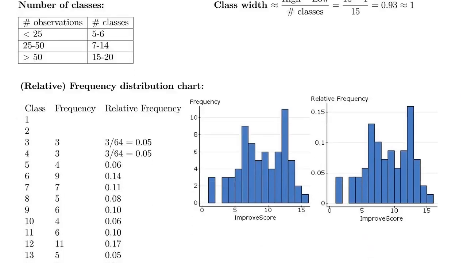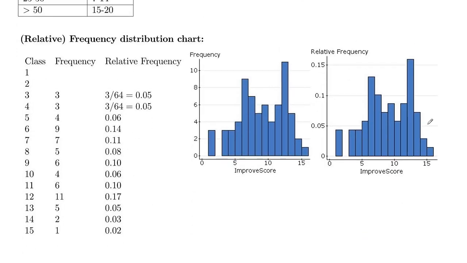So now what I've got here is the class, and then the frequency, and then the relative frequency. So my classes are just all the 1s, all the 2s, 3s, 4s, etc., all the way up to 15. So for frequency, I'm looking at the frequency of 1s. This is the overall data, so this is all of the data.